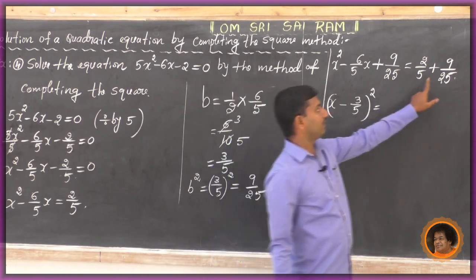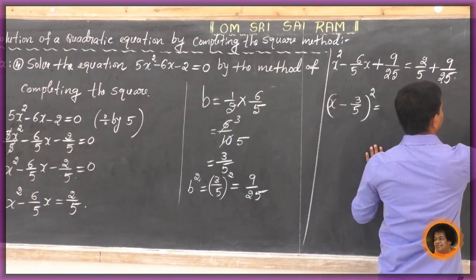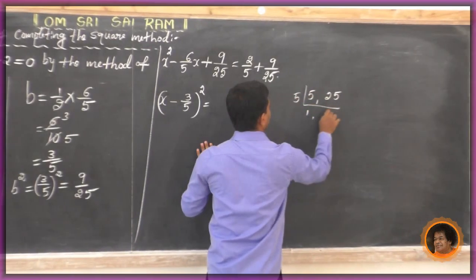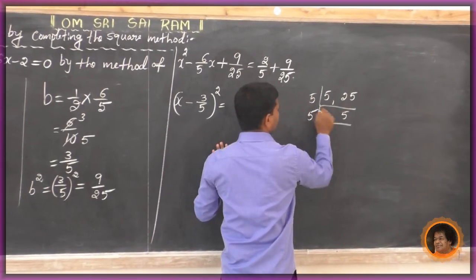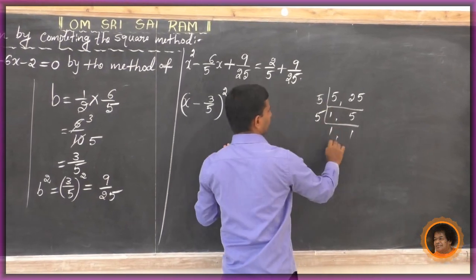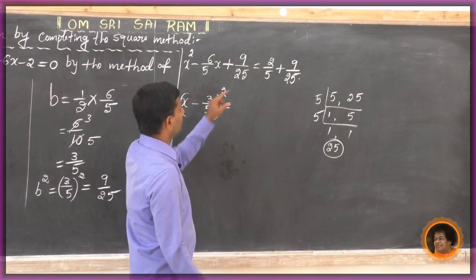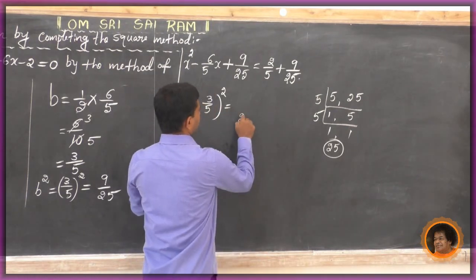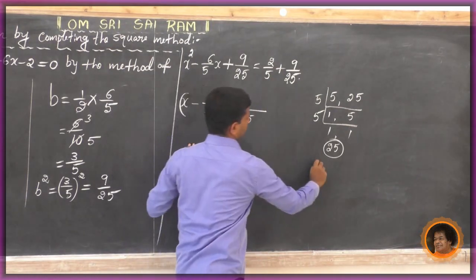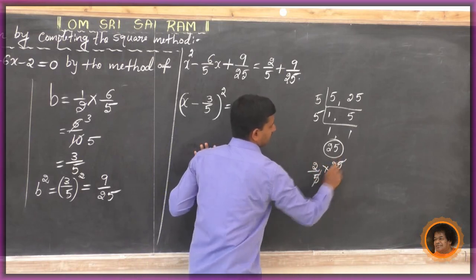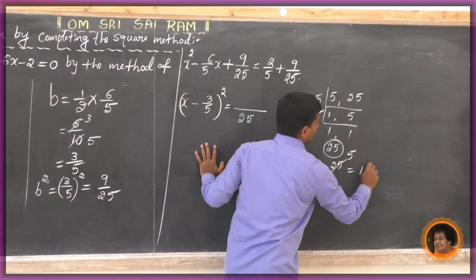The denominators are 5 and 25, so take the LCM of 5 and 25. The LCM is 25. Now the numerator: 2/5 into 25, 5 ones are 5, 5 into 2 is 10.